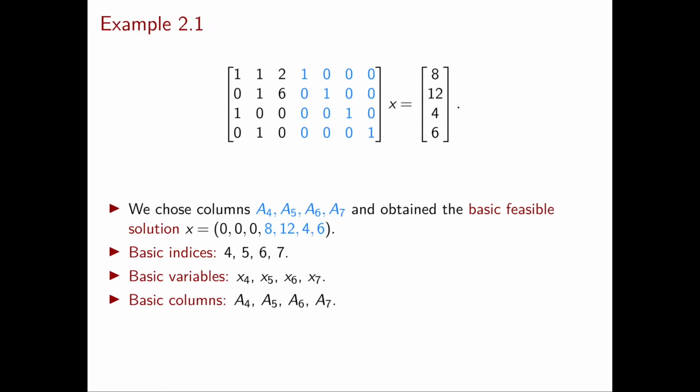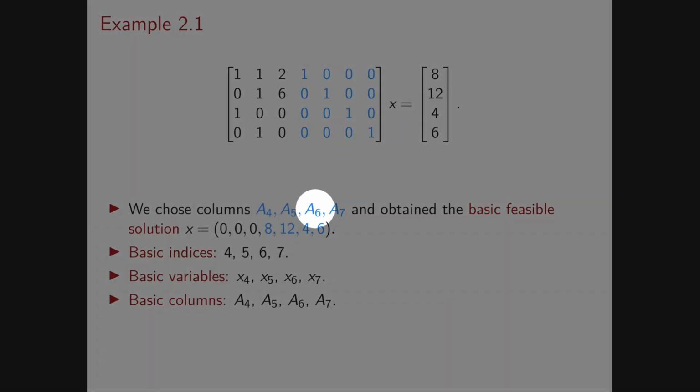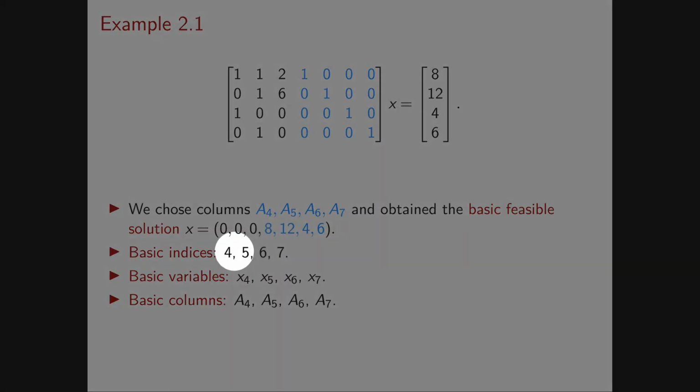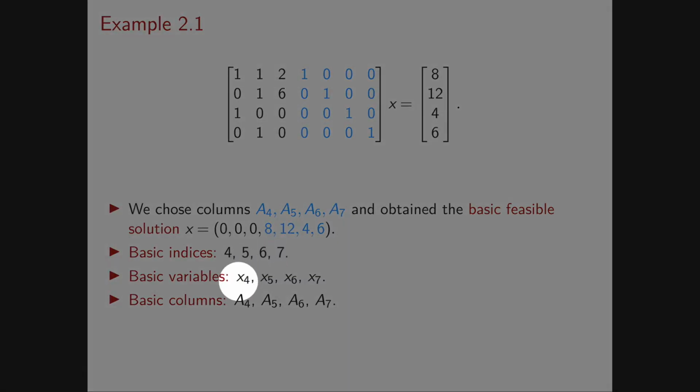To get familiar with the notation that I just introduced, let's see again our example. Here we chose columns A4, A5, A6, and A7 and obtained this basic feasible solution. So in this example, the basic indices were 4, 5, 6, and 7. Correspondingly, the basic variables are x4, x5, x6, and x7.